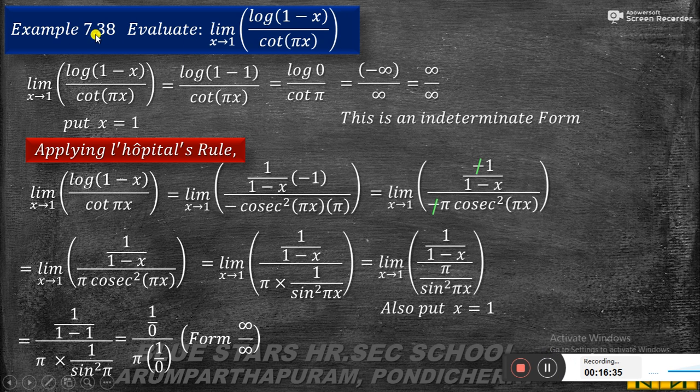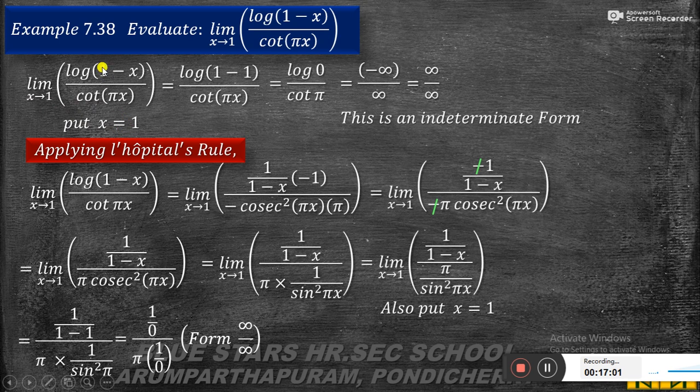Next, example 7.38. Now we will discuss example 7.38. Evaluate limit x tends to 1 log of 1 minus x by cot of pi x. Evaluate means we find the answer for this limit. So I write the given limit, limit x tends to 1 log of 1 minus x by cot pi x. Next step, I substitute x equal to 1, because the limit x tends to 1 means x equal to 1.